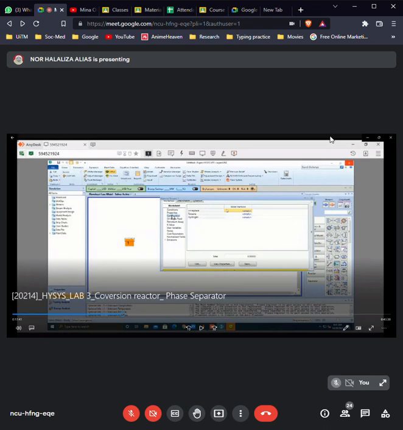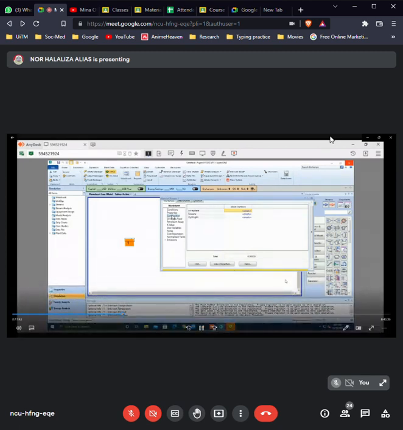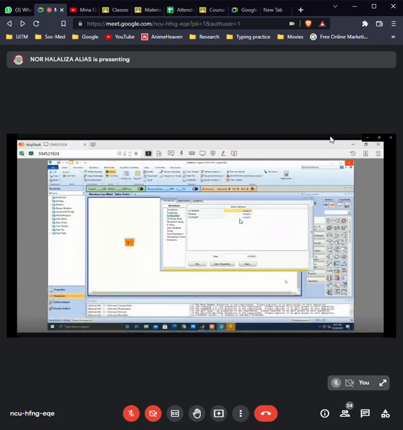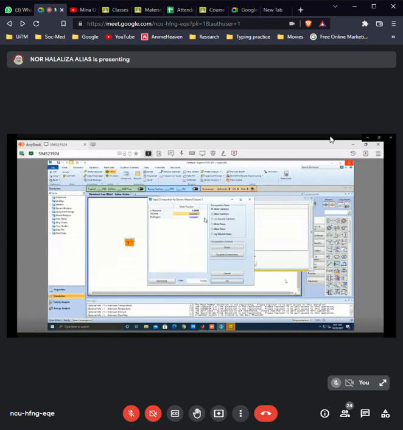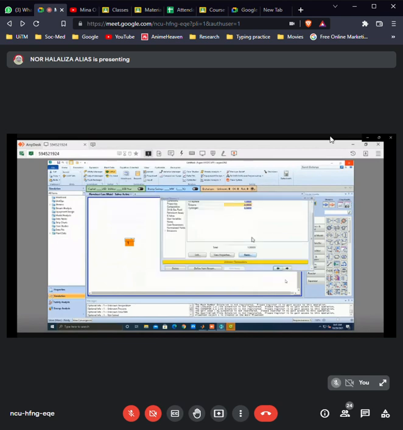So sebab tu untuk n heptane kita akan assume dia adalah 1, 100%, while toluene and hydrogen at the beginning are 0 sebab dia belum produce lagi in stream 1. Because n heptane is the only compound, so we put it in 1. So these are all 0, the rest.